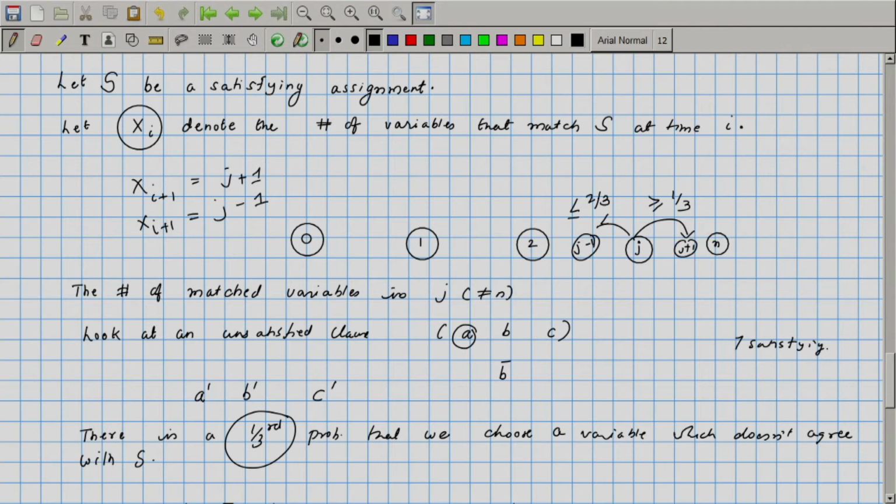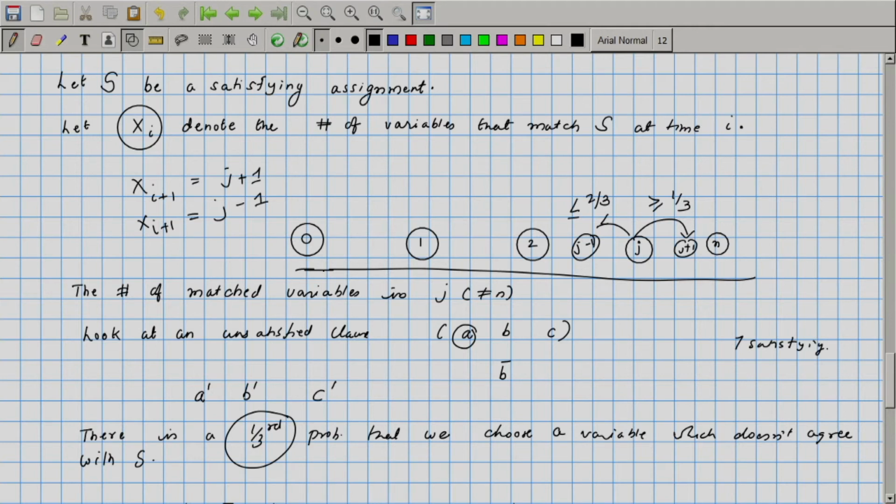In case of 2 SAT, these probabilities would have been half and half. If you look at the 2 SAT case, you can imagine a random walk on this particular graph, which has a tendency to go forward or backward with equal probabilities. But in this particular setup where we are considering 3 SAT, the graph has a higher tendency to move towards 0.